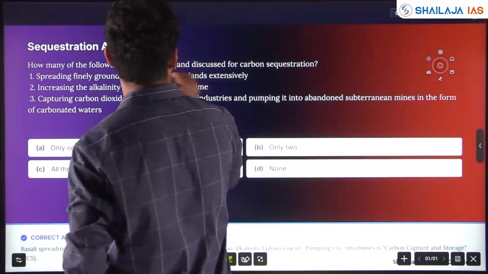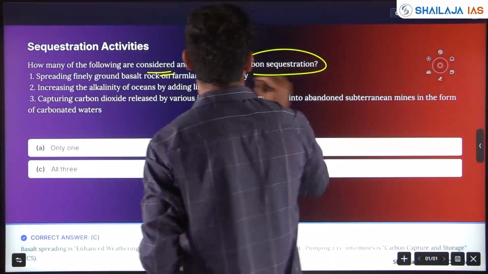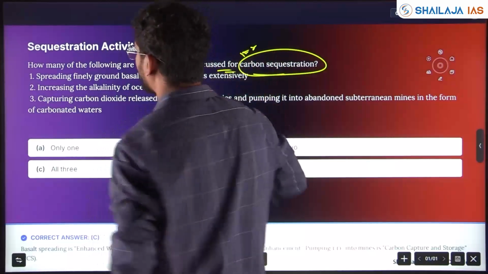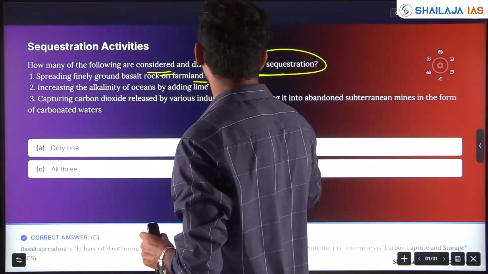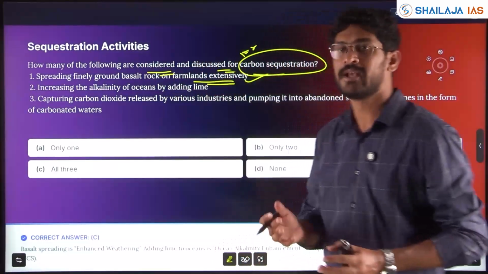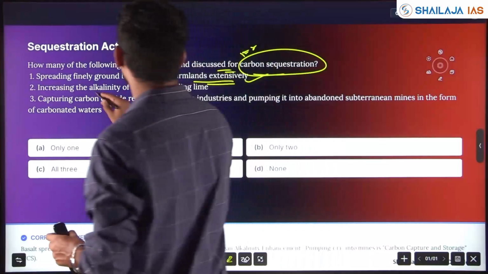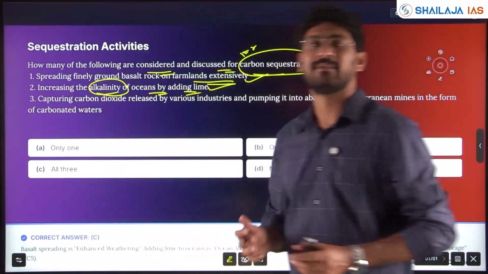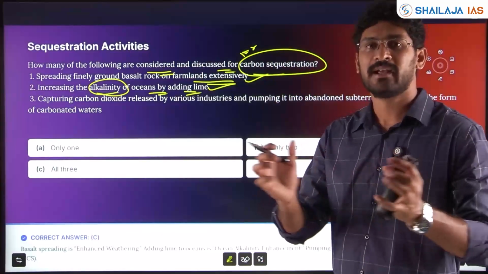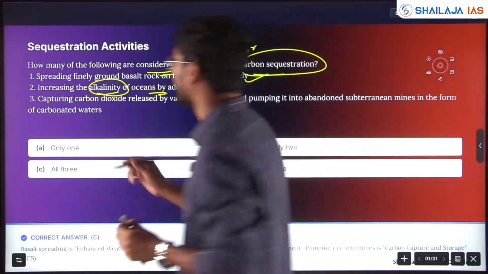How many of the following are considered and discussed for carbon sequestration, right? Spreading finely ground basalt rock on farmland extensively. Yes, basalt rocks absorb carbon. Increasing the alkalinity of ocean by adding lime. Okay, that will lead to carbon dioxide becoming rock formation.